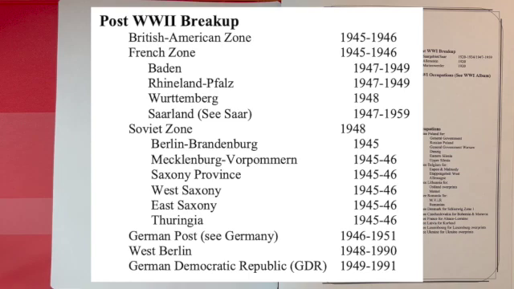You might just have to remember from the dates that the joint Soviet zone stamps came after the regional issues. I show the dates of the German post stamps with a note to see the main German section for those. That should give you a hint about that timeline. I also show the end result at the bottom of that section with the formation of West Berlin and the GDR until reunification in the 90s.